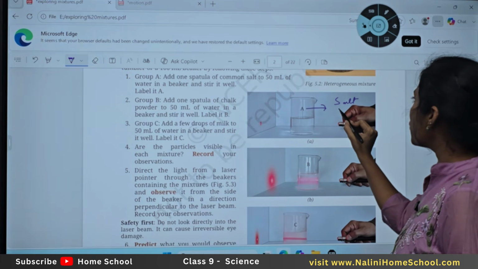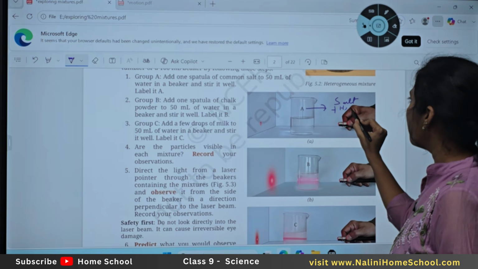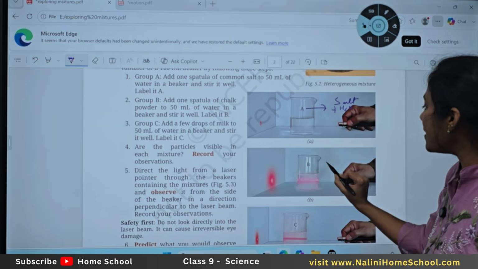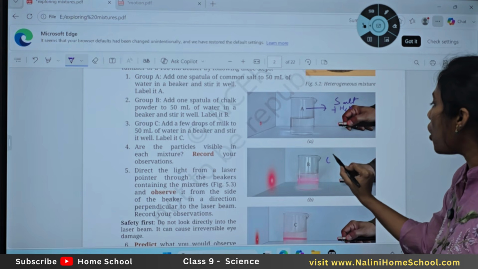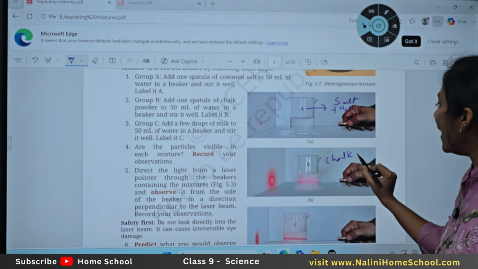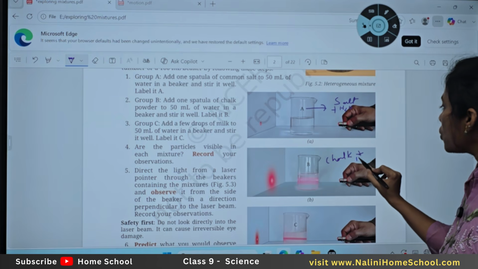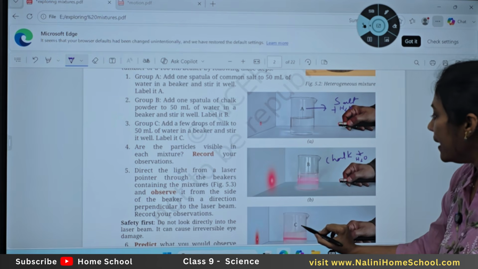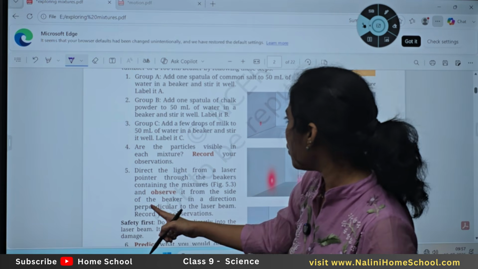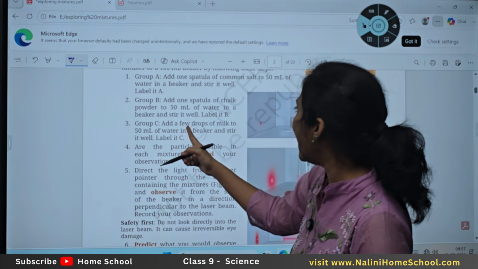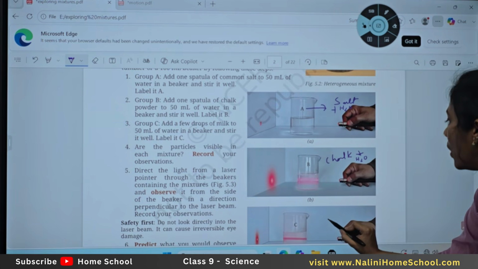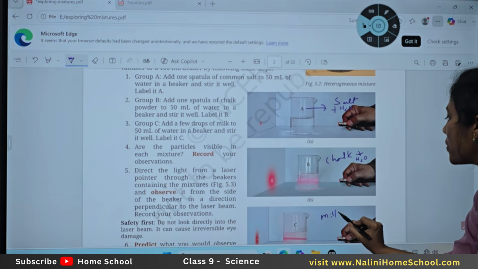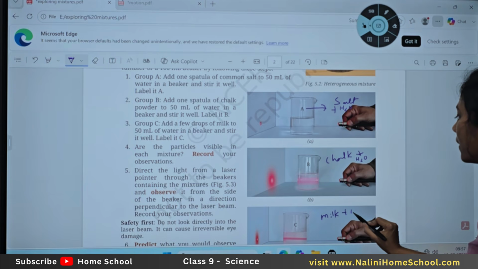Beaker B is a mixture of chalk powder and water. And beaker C is a mixture of what? A few drops of milk and water. So this is a mixture of milk and water.